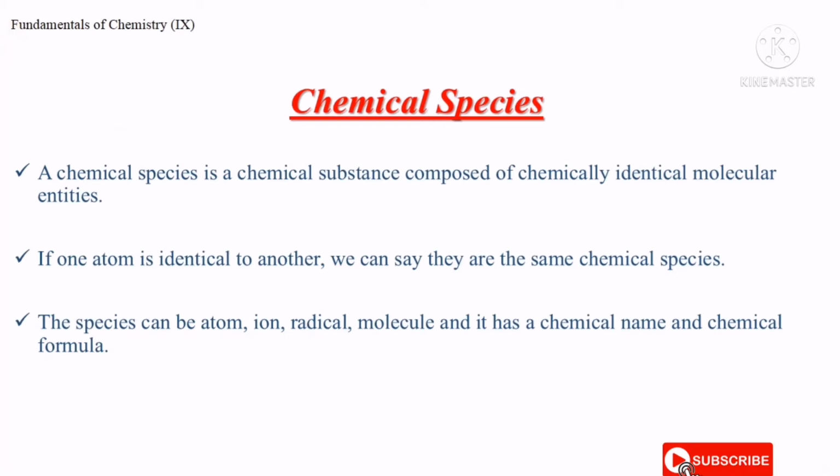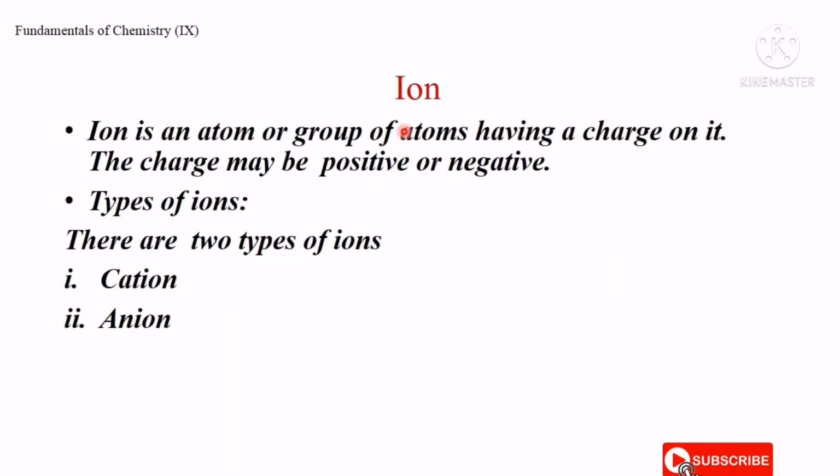Now let's go forward to the topic, that is ion. What is an ion? An ion is an atom or a group of atoms having a charge on it. The charge may be of two types, that is positive or negative, and there are two types of ions, that is cation and anion.